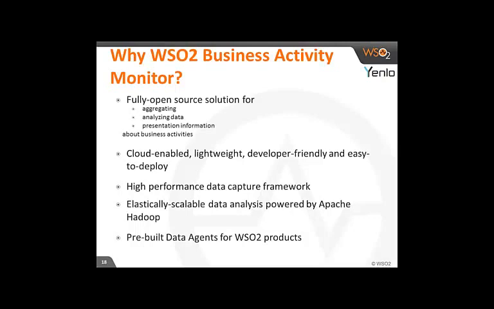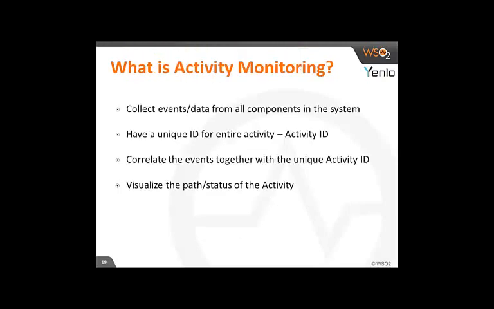And all of these events should correlate to one activity ID, which is a unique ID. Then you can find out what the process is, how far this activity has been processed, and whether it has failed or not. Everything you can get. Then you can correlate these activities based on the activity ID, and then you can visualize that activity also.